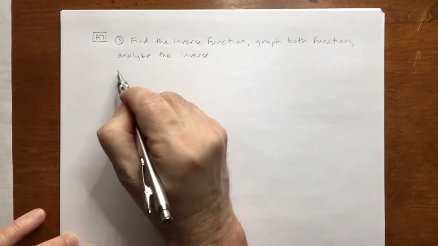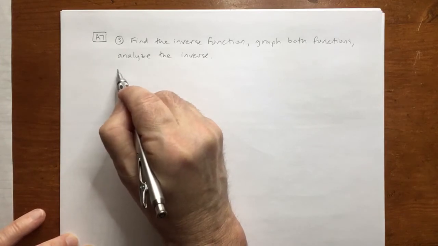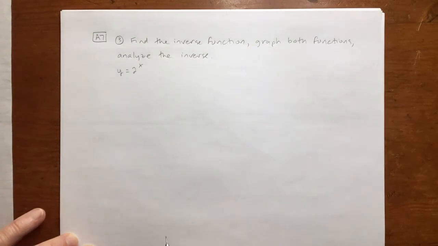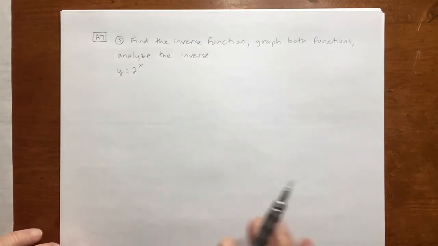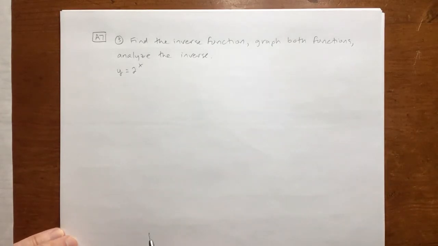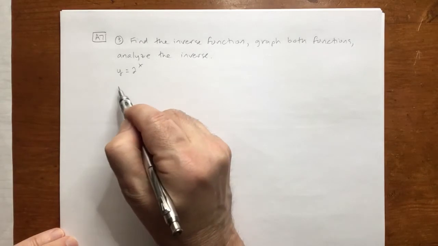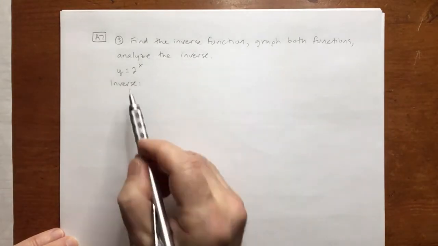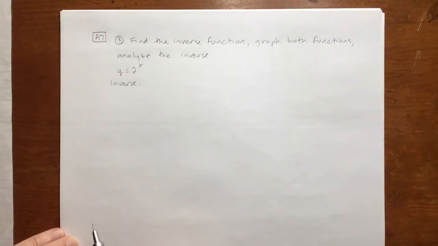Okay, the function we're going to start with, I'm going to write it using y instead of f of x. y equals 2 to the x, clearly an exponential function. In our last set of lessons, we analyzed and graphed that. But let's go ahead and start. Let's find the inverse first. So here's how we find the inverse, just like we've done. The first thing we do is we switch x and y.